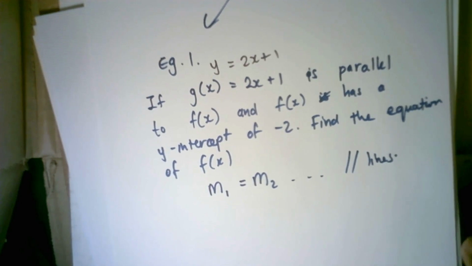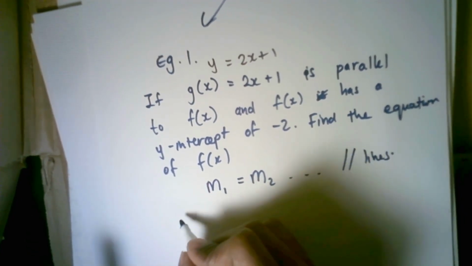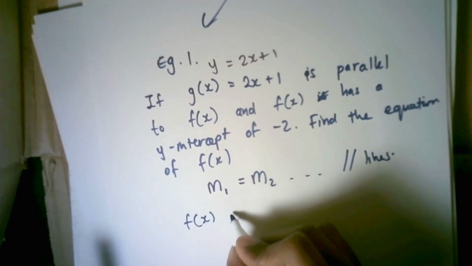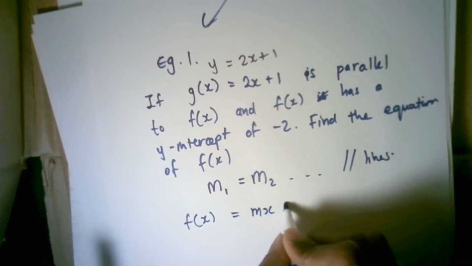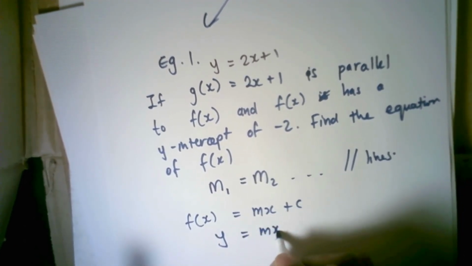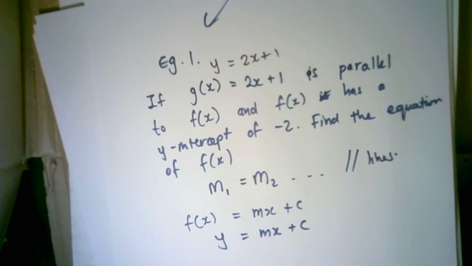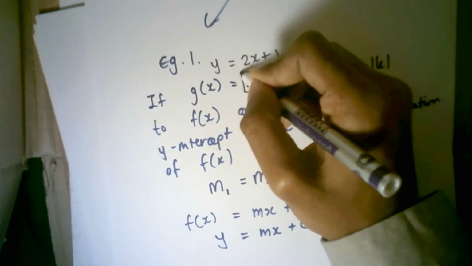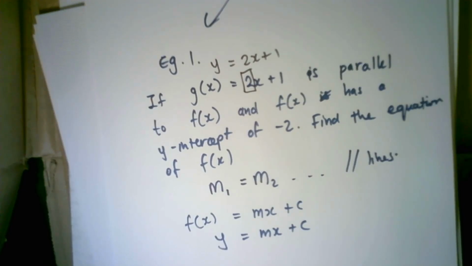So the equation of f of x is equal to mx plus c, or you can just say y is equal to mx plus c. We know the gradient of the given line. It's 2, because g of x is in the form of mx plus c, with m equal to 2.